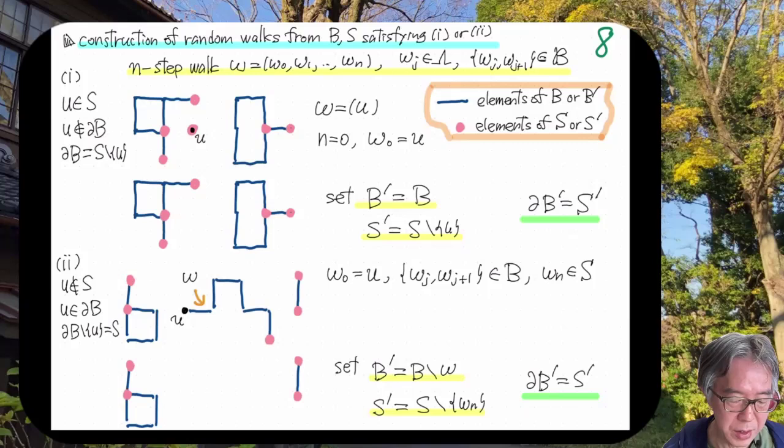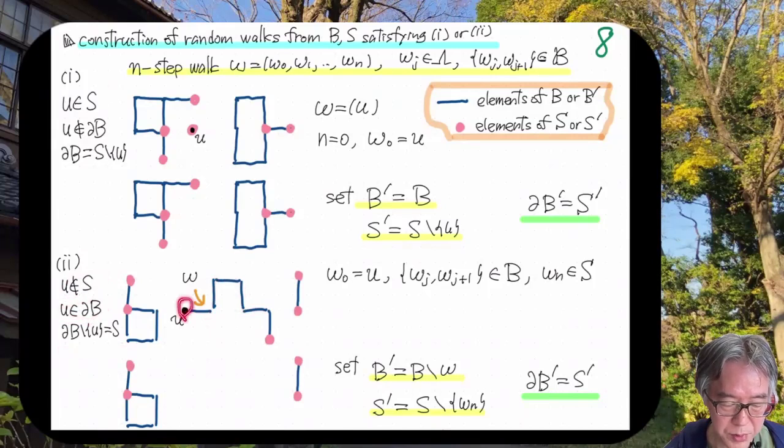So let's consider case 2, where U does not belong to S, and U belongs to one of these boundaries of B. Okay, and the B and S satisfy this. Now in this case, it's more non-trivial. As this suggests, U belongs to this kind of path.